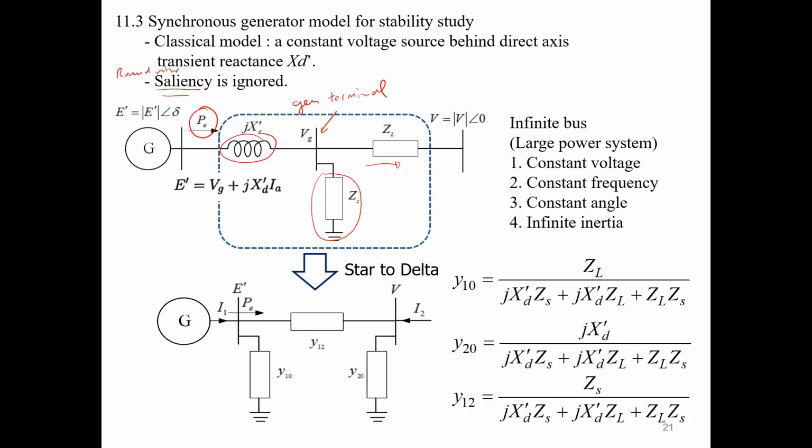If we connect this generator to an infinite bus, what does it mean by infinite bus? Normally, an infinite bus is used to model a large-scale power system. The properties of the infinite bus are as follows: constant voltage, constant frequency, constant angle, and infinite inertia.